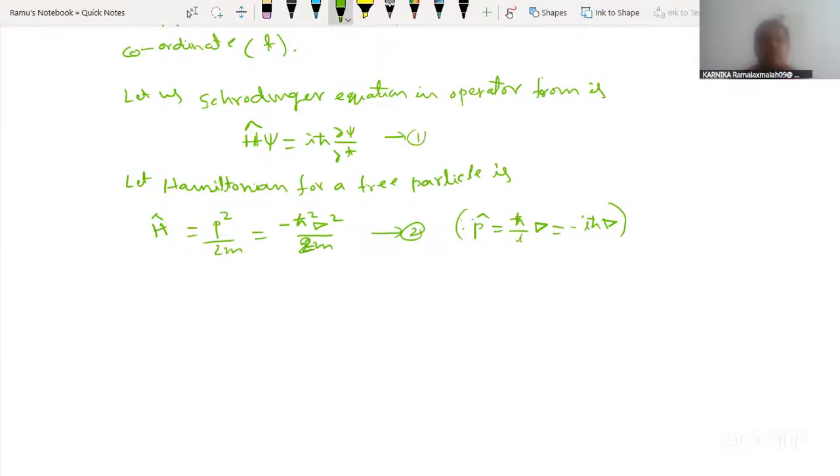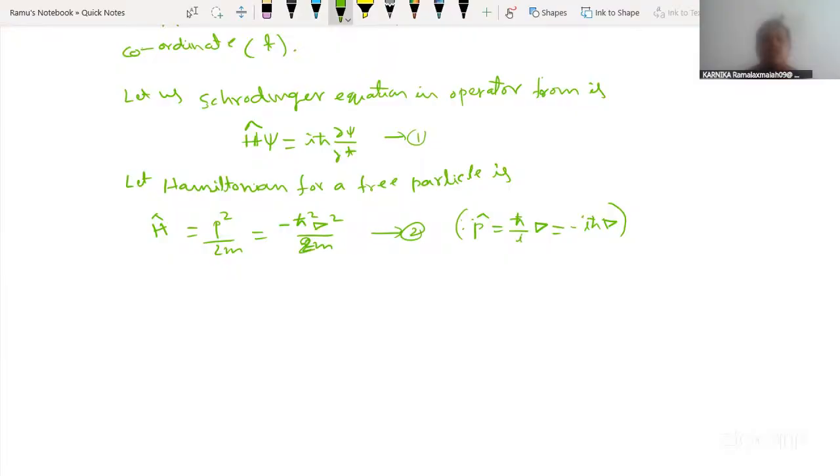Here substitute the square. So here delta square, here h cut square value and delta square value. If both values are square, the i square value means minus 1.